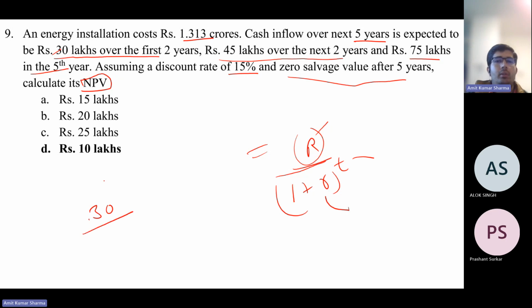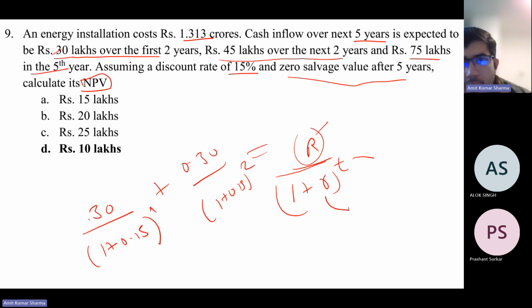So 0.3 crores upon 1 plus the discount rate, which is 15%, so 0.15, for the first year. Again 0.30 over 1 plus 0.15 for the second year. Like this, you can do for the third, fourth and fifth year.